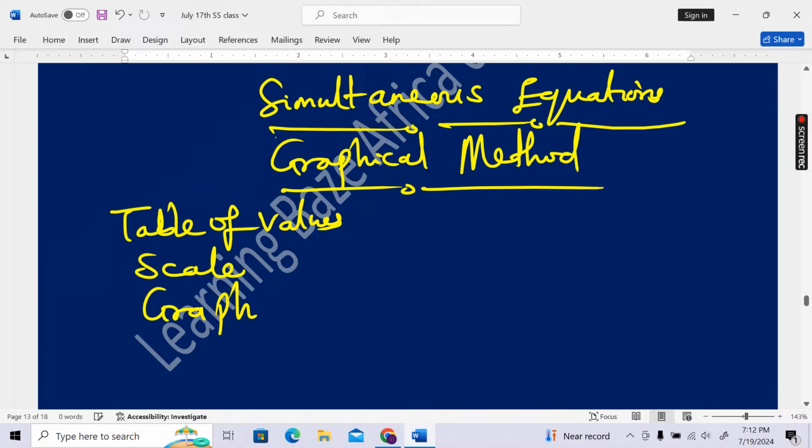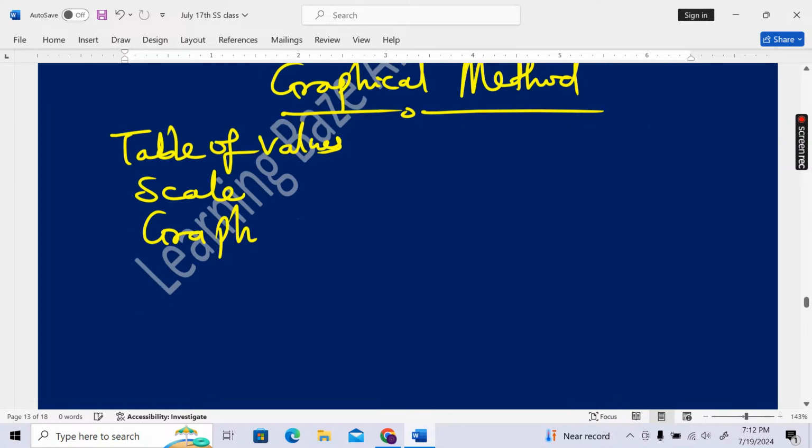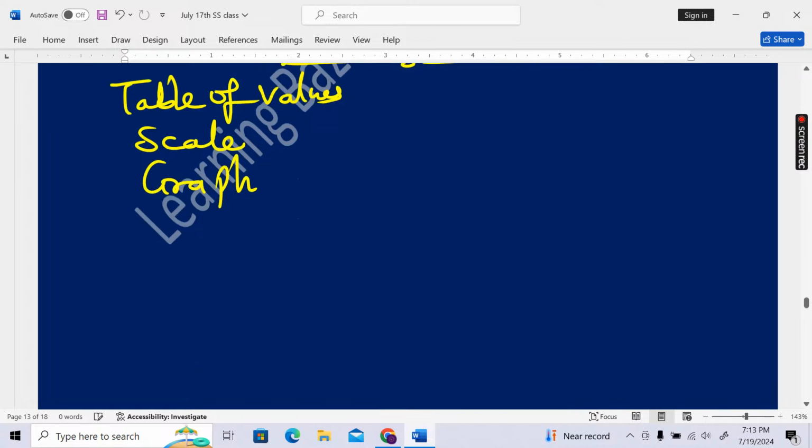Okay, so for the table of values, it's a table that will help you do the calculation of the variable y. When it comes to simultaneous equations, we have to solve for x and we solve for y, depending on the variables you have been given in the equation. It can be that you want to solve for m and n at the same time.